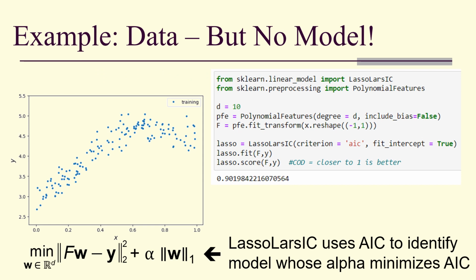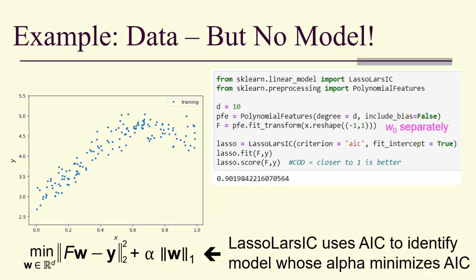It's not hard to use because everything in scikit-learn you use in exactly the same way. Notice that we're going to have d equals 10, so we're going to have 10th degree polynomials. And we're going to create the polynomial features, which will give us our f. And then we're going to do a lasso regression using the AIC, and it's going to proceed over a series of possible alphas and pick the best one based on the AIC.